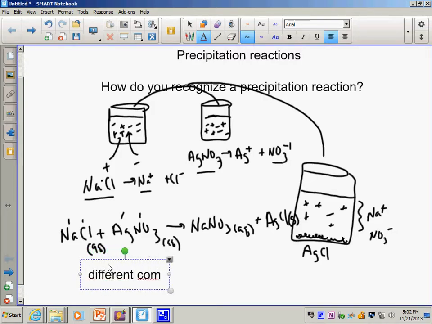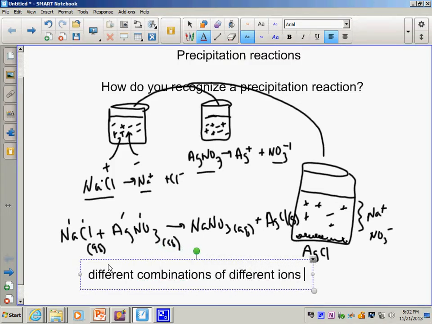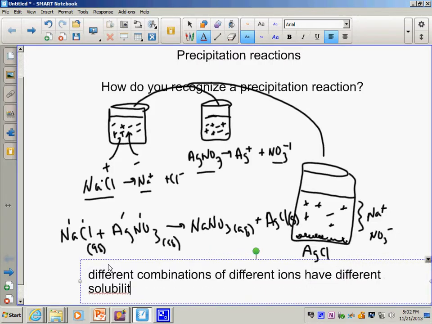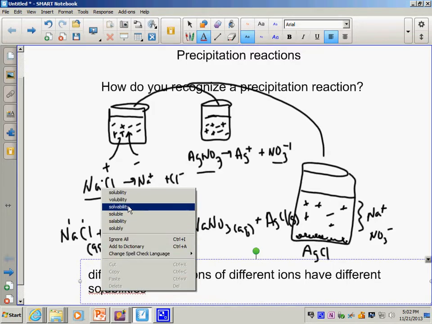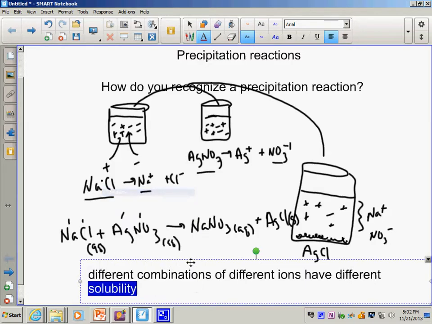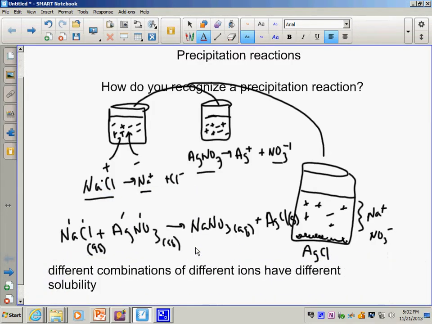Different combinations of different ions have different solubilities, meaning that just because they're dissolved here, when we mix them together, in fact, we combine the silver ion with the chloride ion. All of a sudden, we got a situation where the solution was holding too much and couldn't hold it.